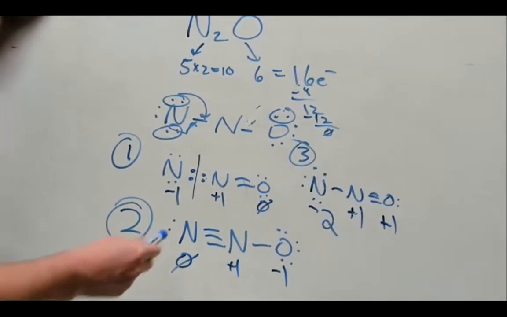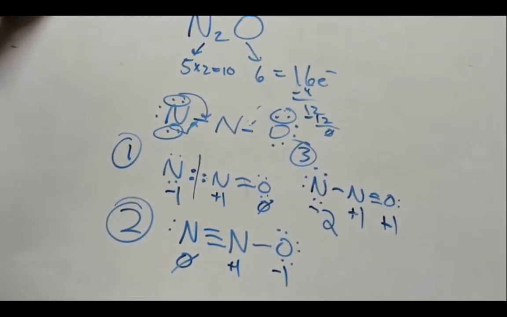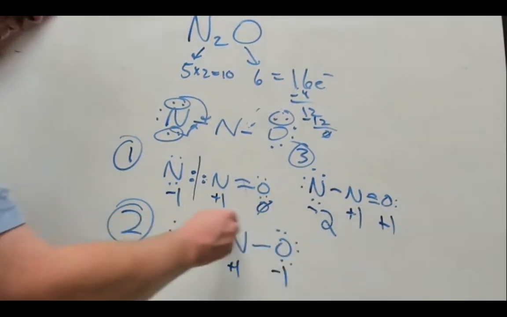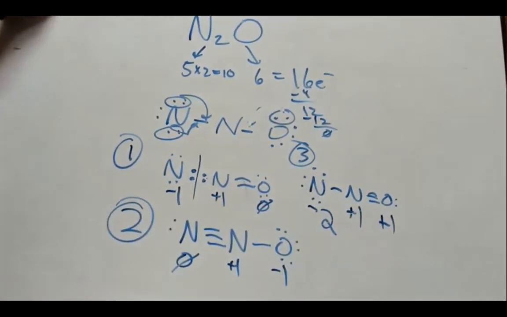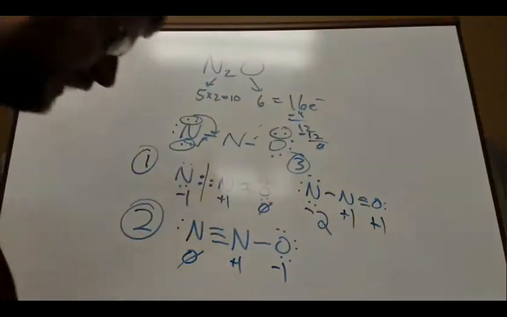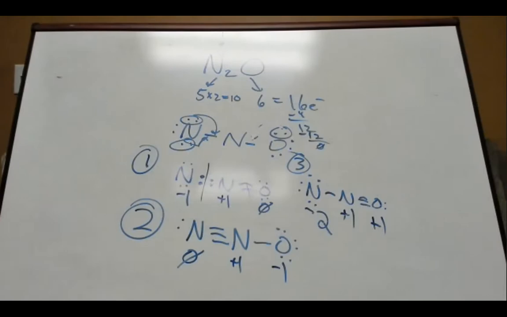All right, so now, with that being said about our electronegative oxygen, which one of either 1 or 2 is going to be the one that we want? Exactly. Number 2 is going to be the more likely resonance structure found in nature, because the negative charge is on the oxygen, the more electronegative atom.